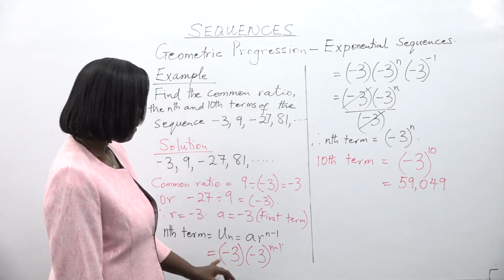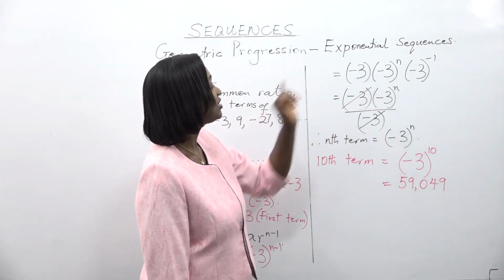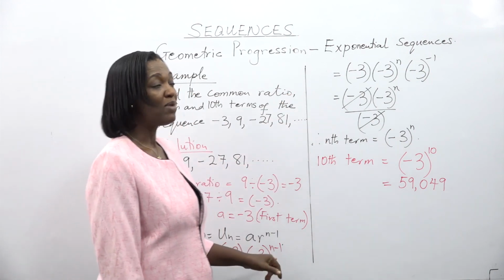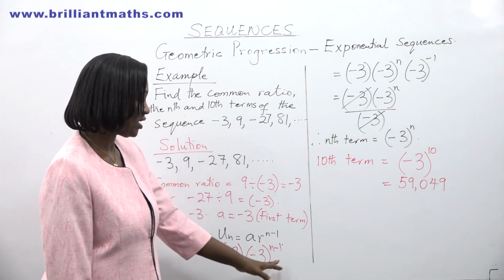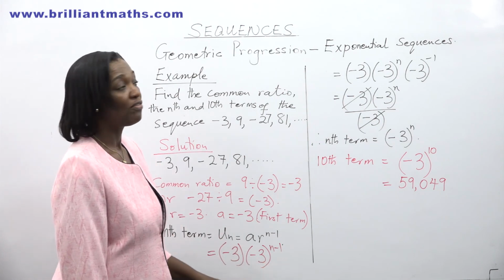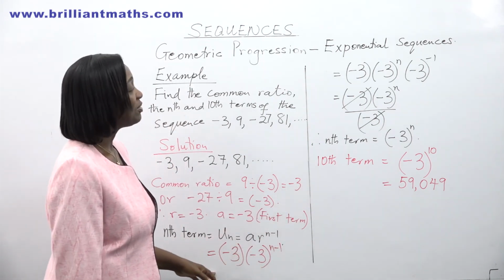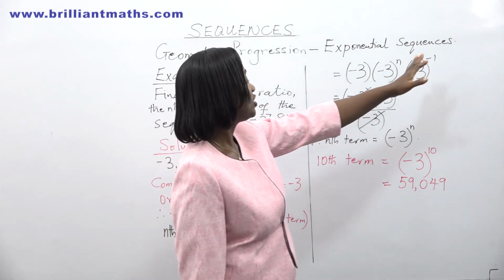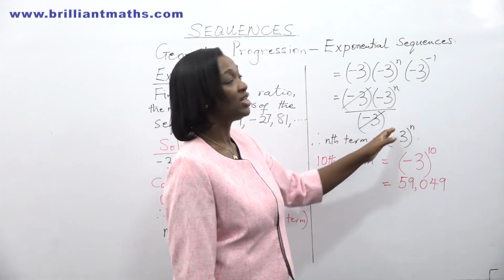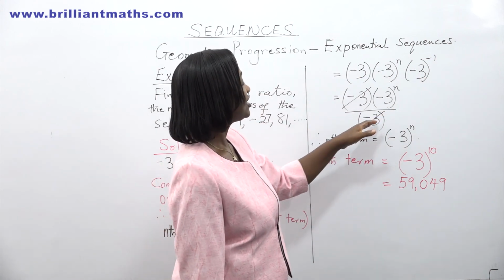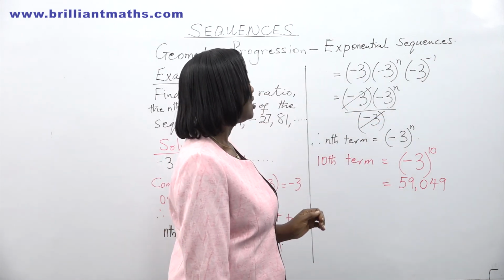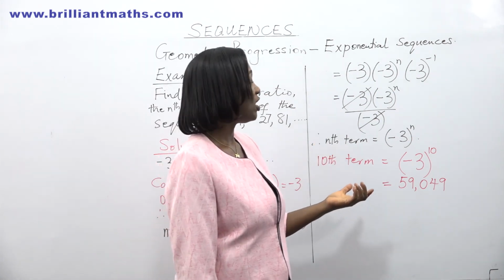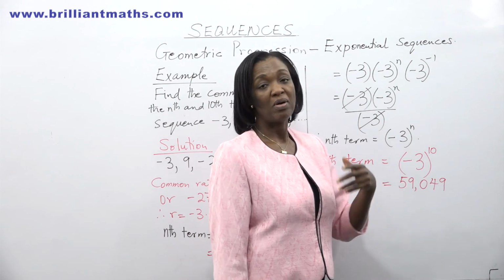So we have minus 3 times minus 3 raised to power n times minus 3 raised to power minus 1. Applying the laws of indices, this can be simplified. So minus 3 raised to power minus 1 becomes the denominator. So it cancels out minus 3 on top, so that our nth term becomes minus 3 to power n.